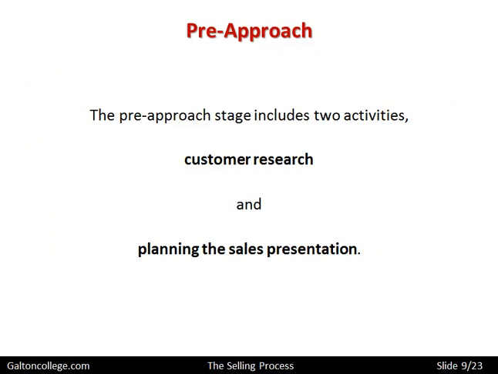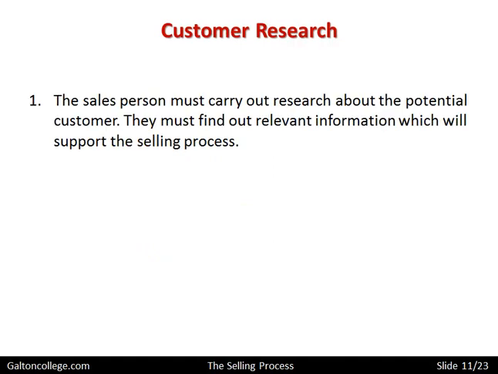So the pre-approach stage includes two activities: customer research and planning the sales presentation. So it's picking up the information on the customer and then planning the sales presentation with that in mind. The salesperson must carry out research about potential customers. They must find out relevant information which will support the selling process.